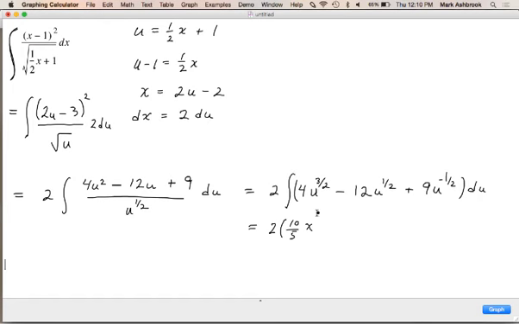X to the 5/2 minus 12 times 2/3. Is that 8? And then it's going to be 1/2, so 2, 18.